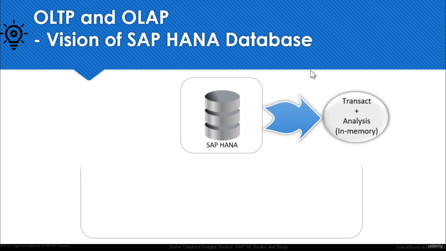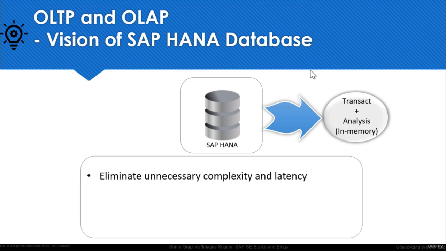That eliminates unnecessary complexity and latency, as we do not need to move transactional data to a separate system, and transactional and analytical applications run off the same tables. Therefore, data is available in real time at every level of detail.